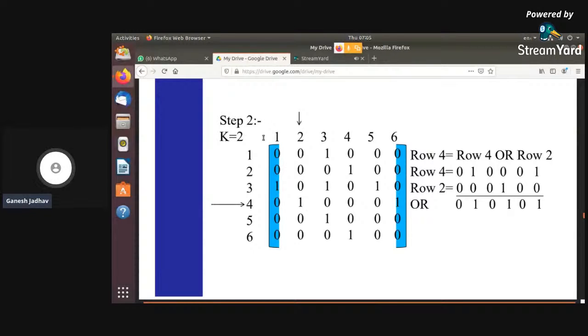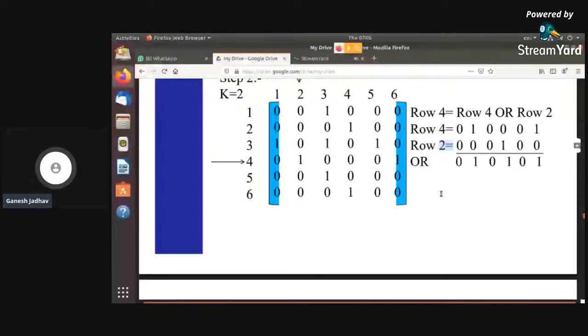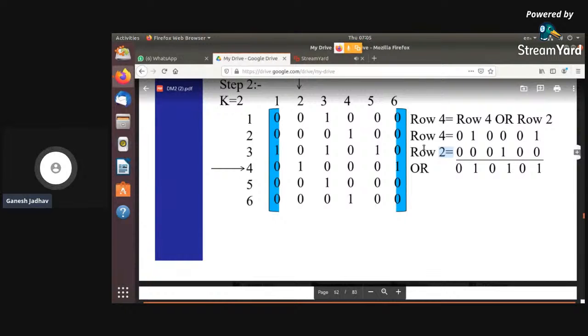So the modification is an OR operation between row 4 and row 2. Why is it row 4? Because you can find 1 in row 4. And why row 2? Because the value of k is equal to 2. Then with the ORing operation between these two rows, we get the modification in row 4.